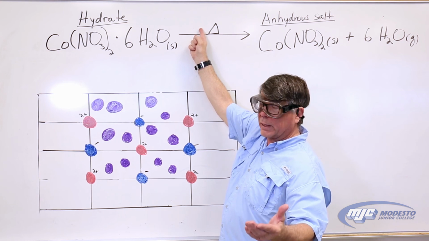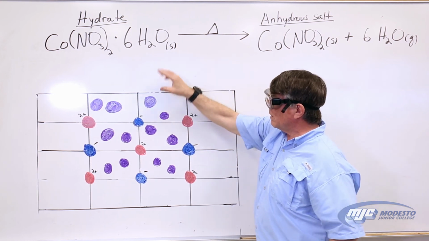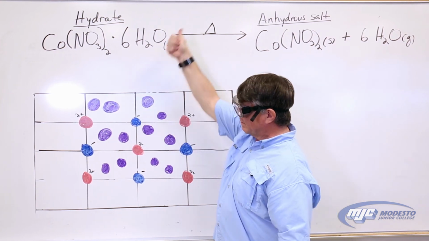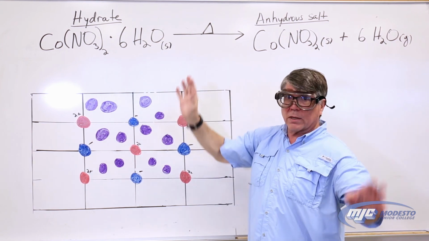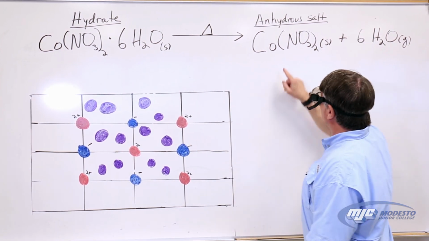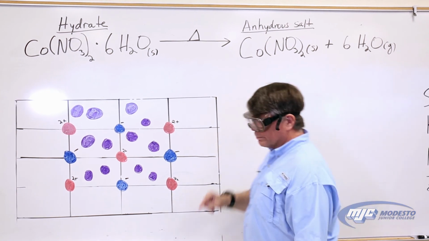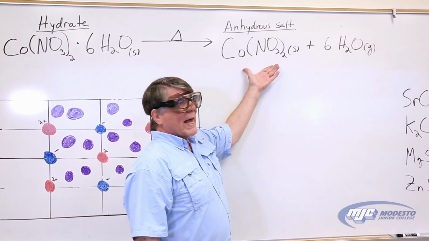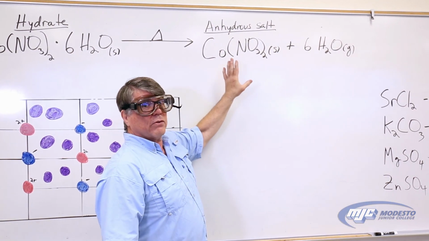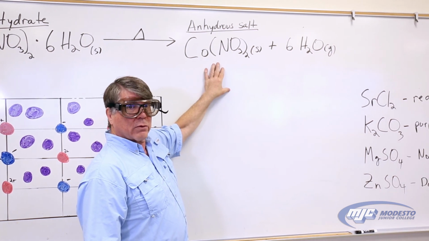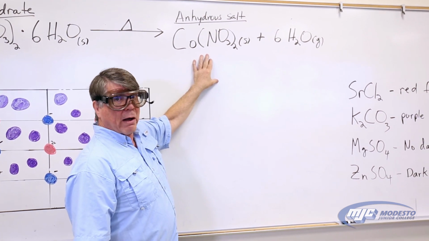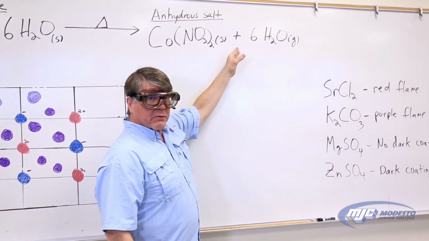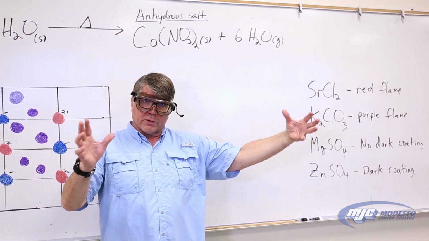So whenever you heat up a hydrate, what happens is the water molecules leave. They come out of this, right? They go off and they become a gas in the air. And so on this side is what we call the anhydrous salt. Now this is just the ionic compound portion of the hydrate without the waters. This plus sign means that now these are separate from each other.